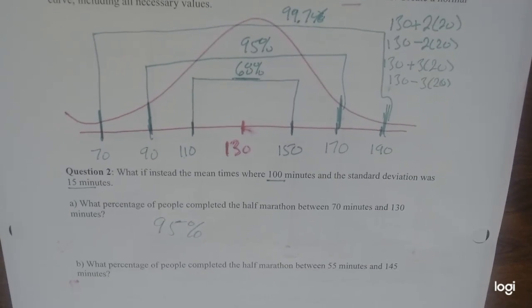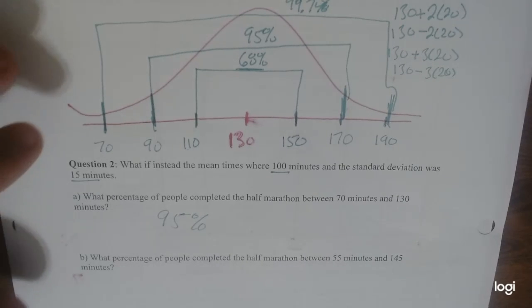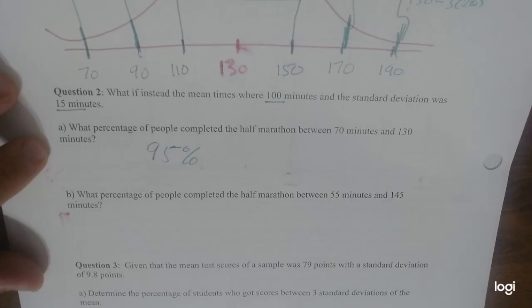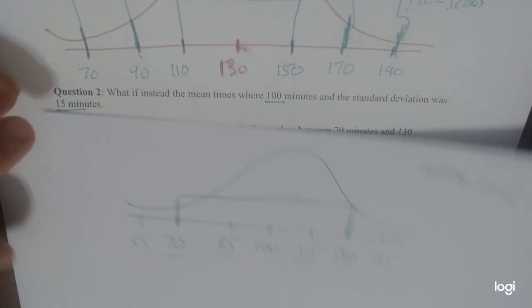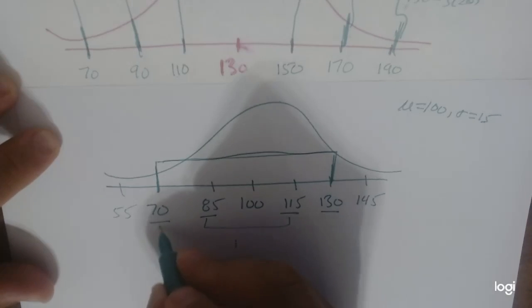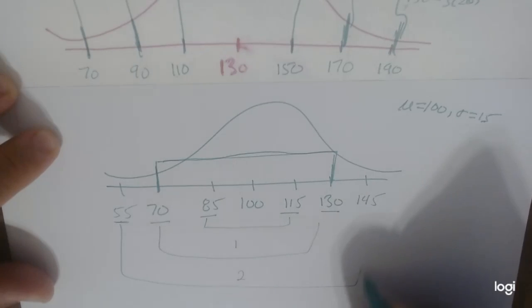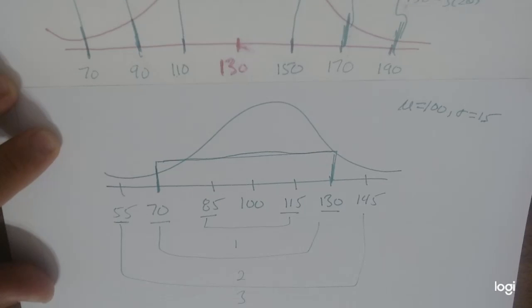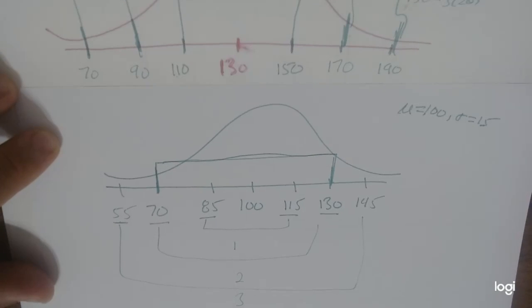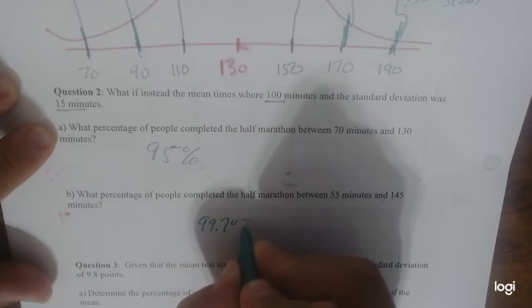All it is is matching the data to the actual rules. Now part B: what percentage of people completed the half marathon between 55 and 145? We said this is 1 standard deviation away, and this is 2 because we answered part A. Therefore, the way out here is 3 standard deviations away. According to the empirical rule, the last rule, that guarantees us 99.7%.